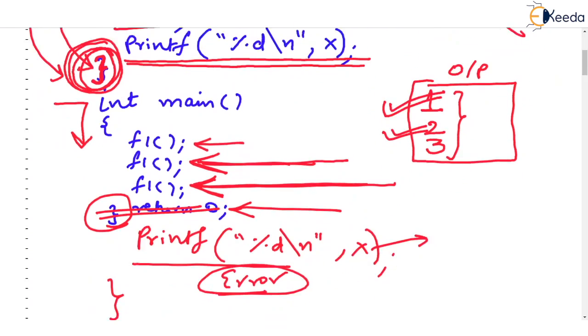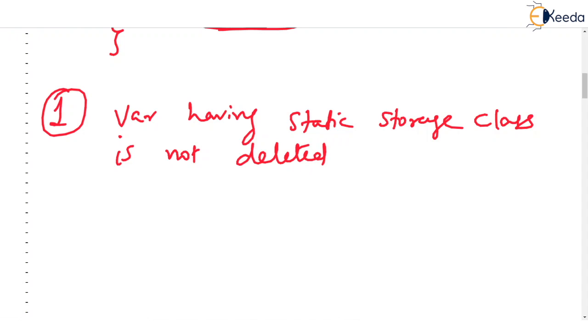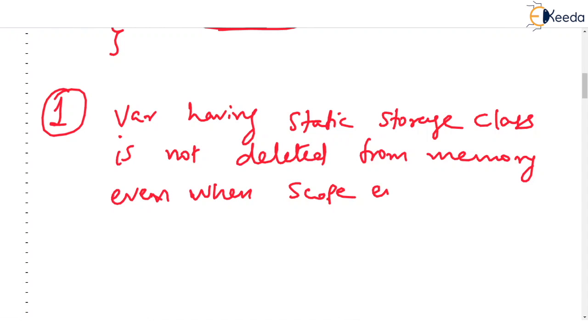So what are the points we have covered about static variable? One, a variable having static storage class is not deleted from the memory, even when the scope ends.